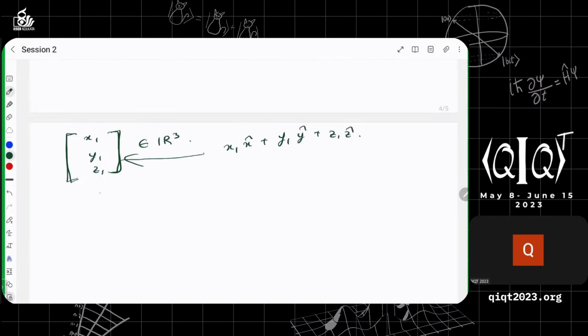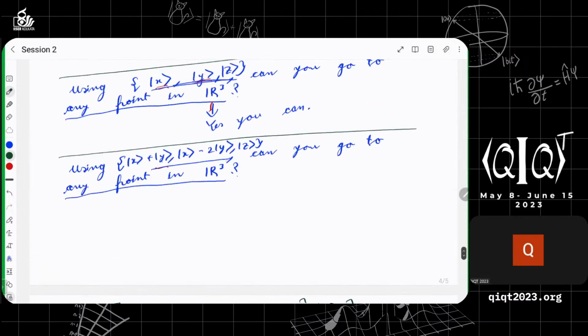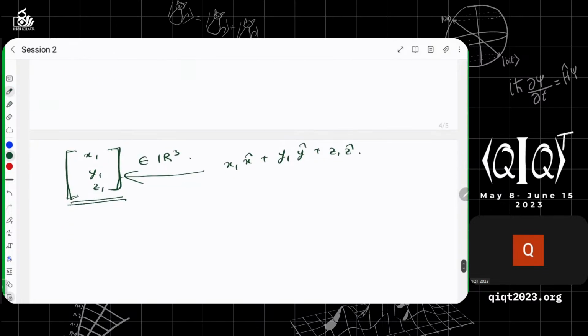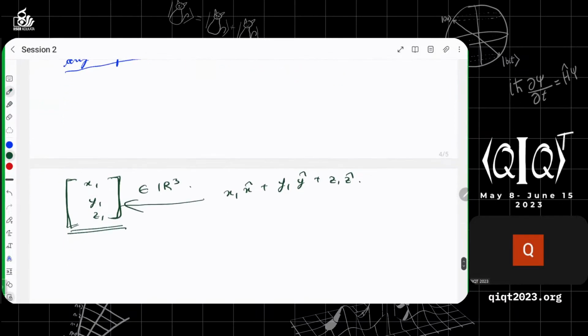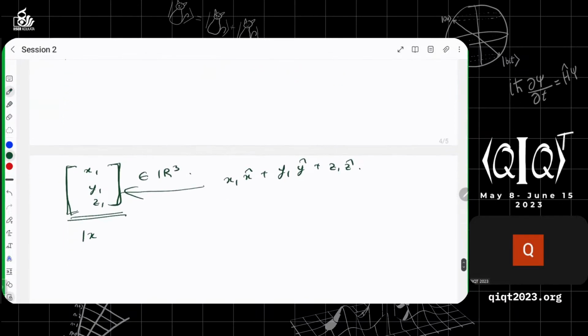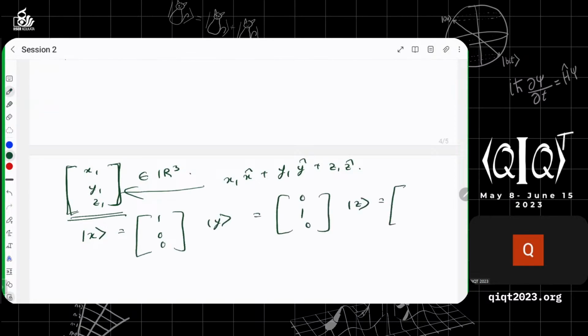Okay. So we want to go to this vector using these vectors that we have. So let's try to calculate what these vectors are like in terms of column matrices. So x, remember, is just 1 0 0, y is 0 1 0, and z is just 0 0 1.